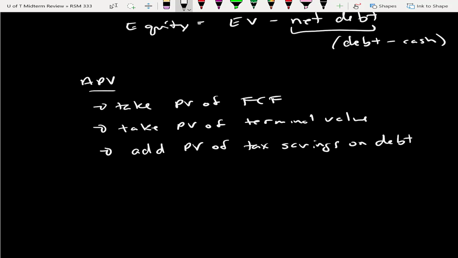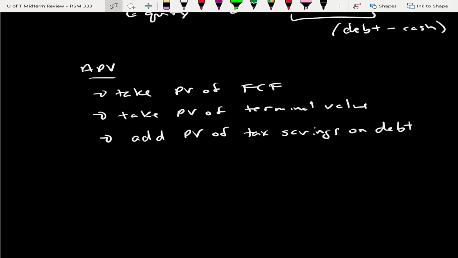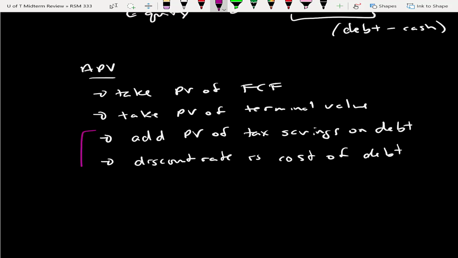So if you've taken on some debt, interest is deductible, you get some tax savings. And in this case, the discount rate is the cost of debt. Okay. And these two are essentially different than the DCF approach. Okay, so that is really what makes things different between the two. Other than that, they're very similar approaches.